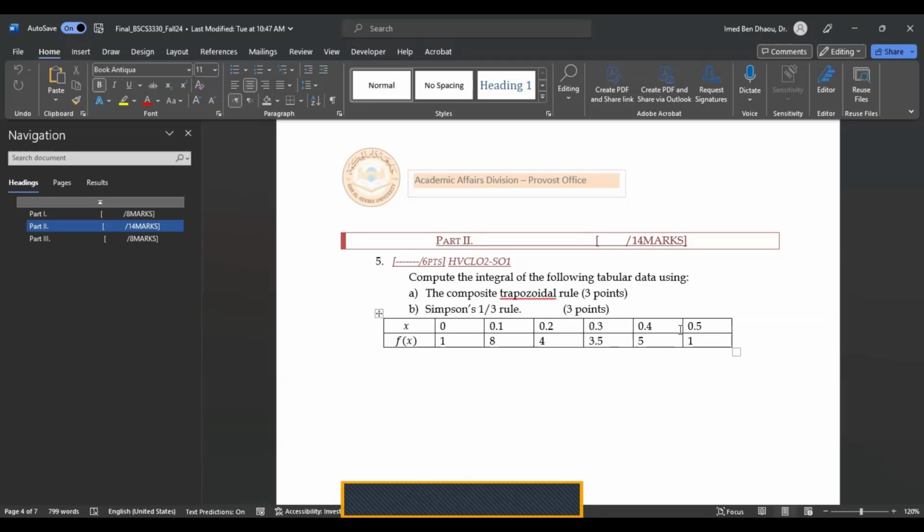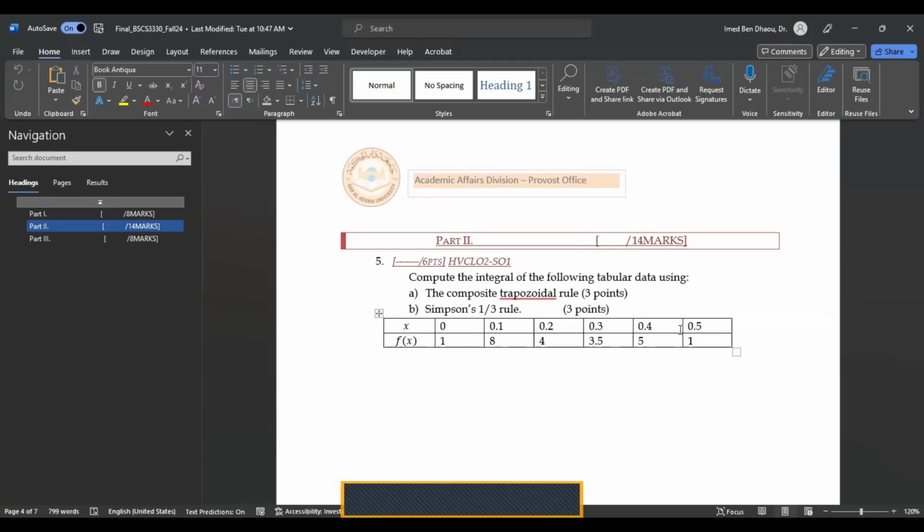Yeah. Can you help me solving this problem? I can certainly try to help you with the problem. It looks like you need to compute an integral using both the trapezoidal rule and Simpson's 1/3 rule. Do you want me to walk you through the steps? No, just for simplicity, just consider A. So solve the problem using only the composite trapezoidal rule.